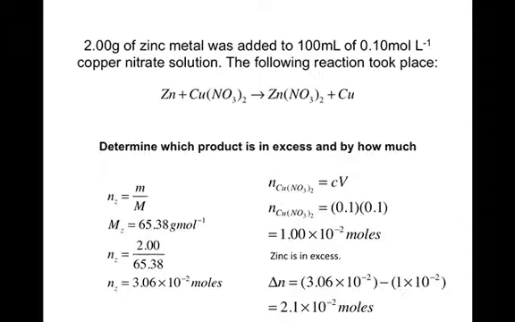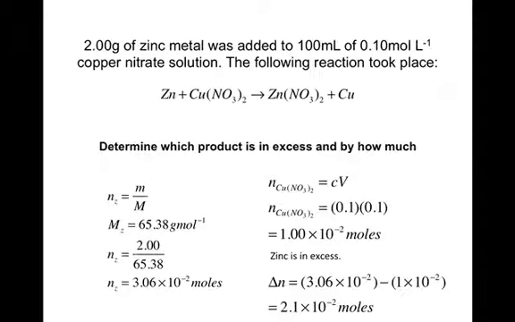We do a similar thing again with the copper nitrate. However, this time we know that we're obviously going to be looking at the solution formula, because we're told in the question that copper nitrate is going to be in solution form, aqueous form. So as a result, we take the concentration, which we know to be 0.1 moles per liter. Again, it's in the correct unit, so we can just substitute it straight into the formula.